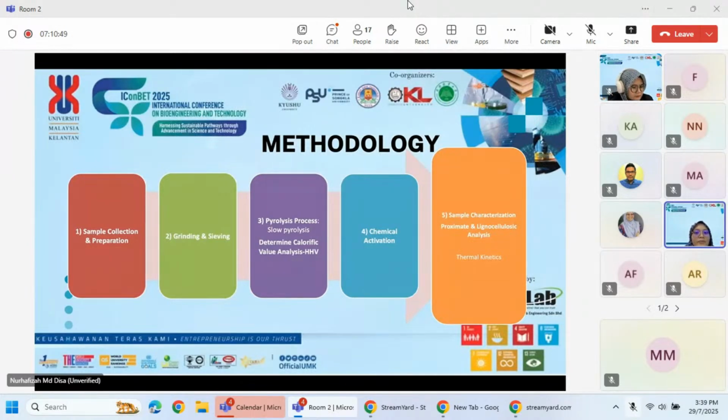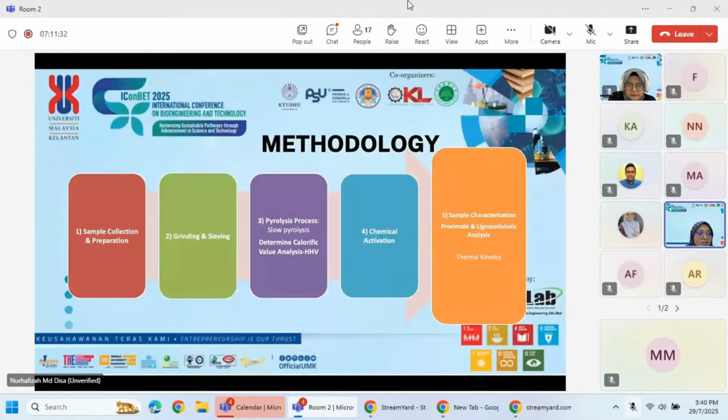From the biochar that we produce, we determine the calorific value analysis, HHV, and also the cellulose and lignin contents via wet chemistry following standard methods such as ASTM 110360 and ASTM 110696 respectively.